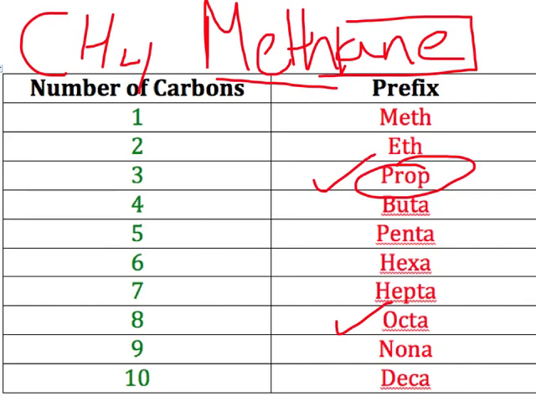Notice ANE, just the same as if I was to write the word alkane. That's how you know that it's an alkane. If it ends in ANE, it's an alkane. The first part of the word, like meth, tells me how many carbons are in it and therefore how many hydrogens are in it. Let's try one.